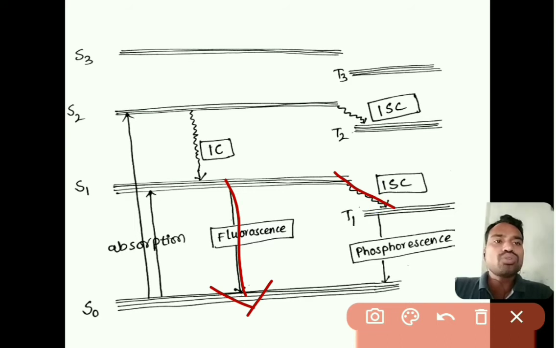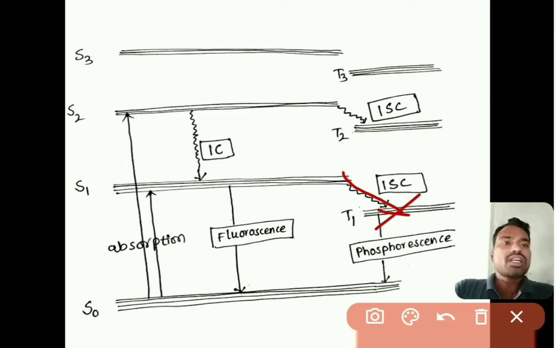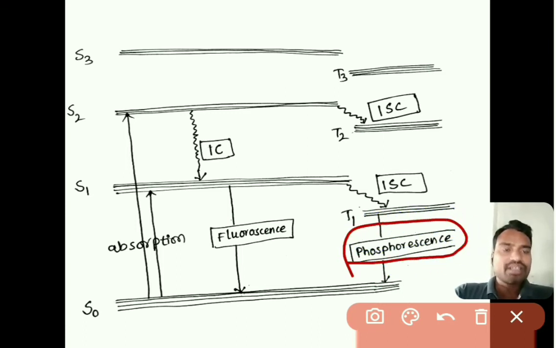If it moves to T1, it is a non-radiative process, and slowly it moves to T1, so the spin multiplicity is changed here. After going to T1, the molecule goes to the ground state S0 by giving out energy. That process is called phosphorescence, right.